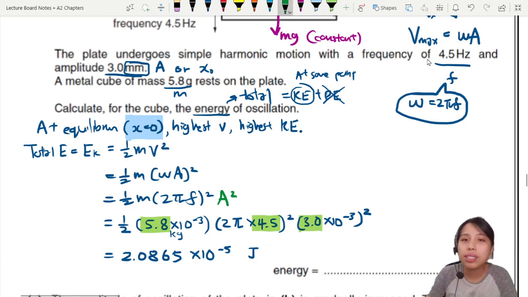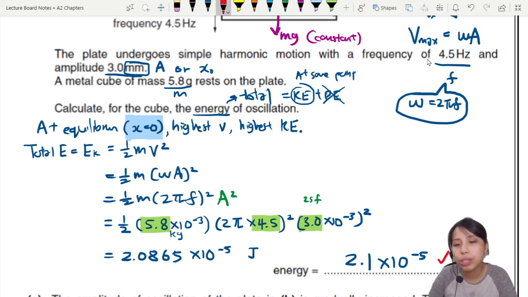So I justify, if all this is given in 2 SF raw values and I use those to calculate, I'm going to follow that: 2.1 times 10 to the negative 5. I just follow the SF, they say 2, I do 2. Follow the least. You can do 2 or 3, so I write here 2 to 3 SF.